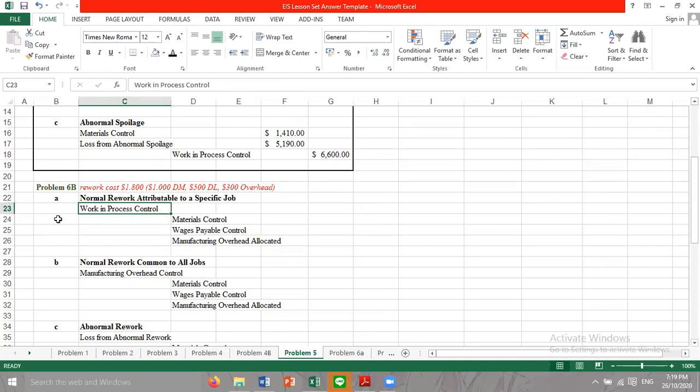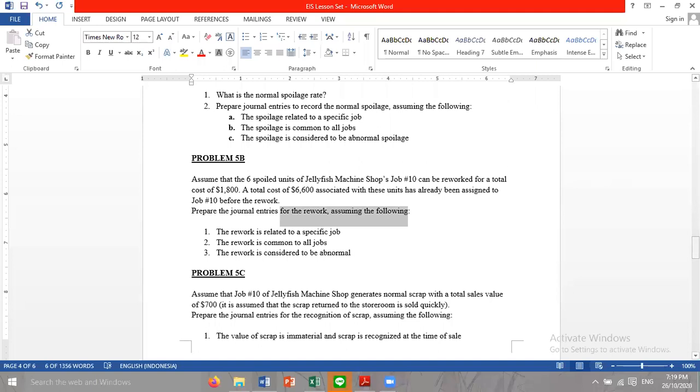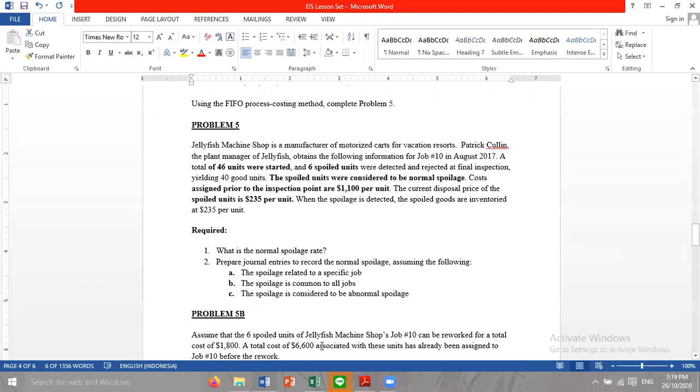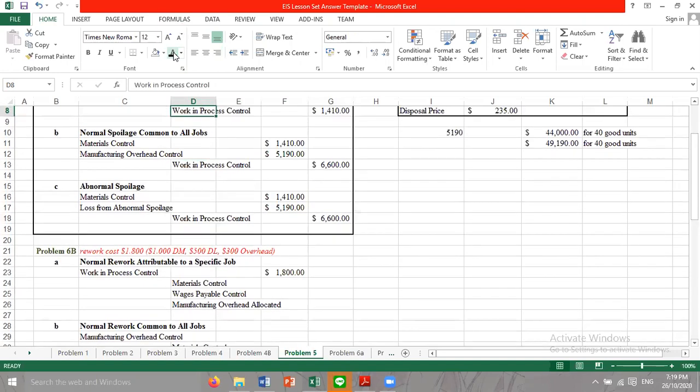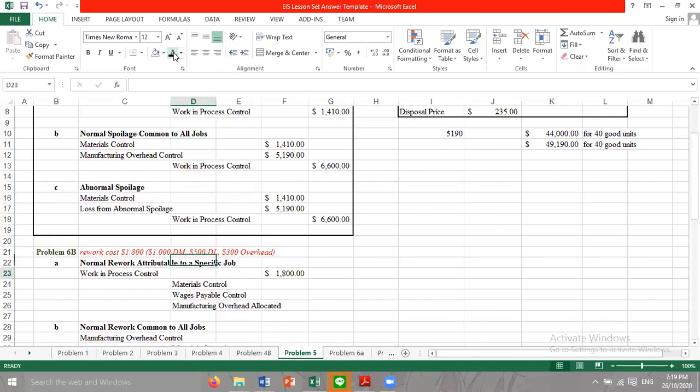we'll need to debit work in process control and credit materials control, wages payable control, and manufacturing overhead allocated. So we debit work in process control based on the total rework cost, 1,800. How about the credits to materials control, wages payable, and manufacturing overhead allocated?